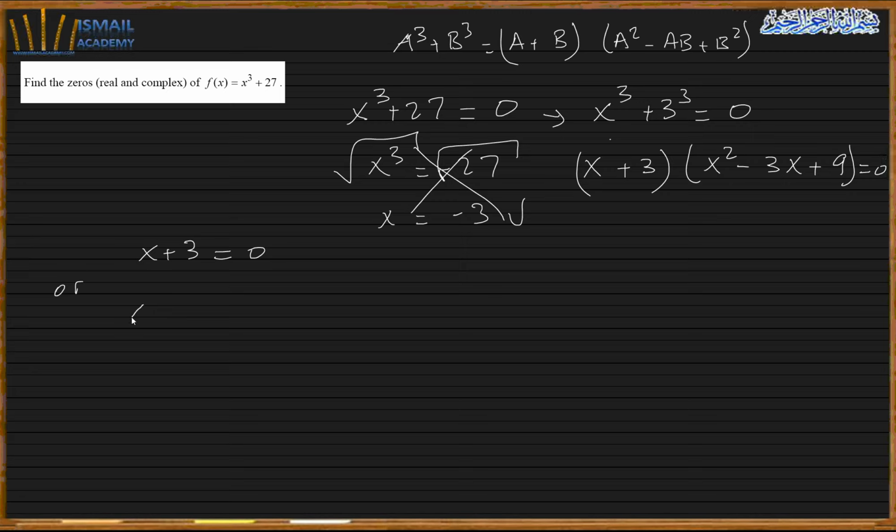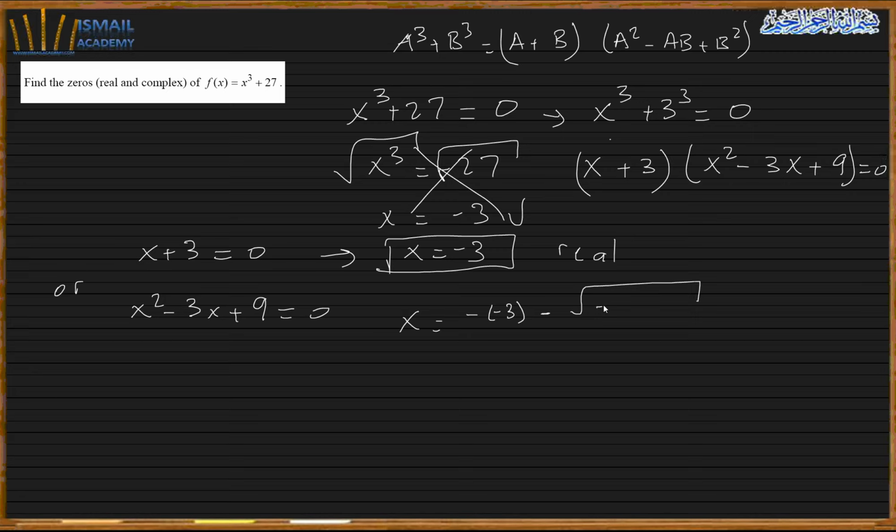So here I will have x squared minus 3x plus 9 equals 0, and this is the quadratic equation. I just use the quadratic formula. So here I will have x equals minus 3, which is what we got at the beginning. This is my real solution. And here I'm going to use the quadratic formula. So here x will be minus b, which is minus minus 3, plus or minus square root of b squared, which is minus 3 squared, minus 4 times 9 times 1, over 2a, which is 2.